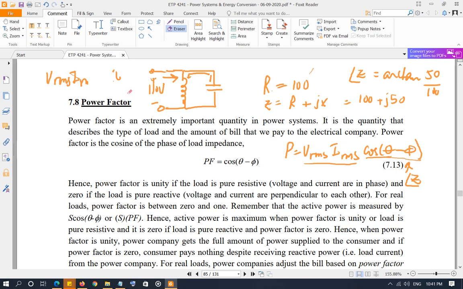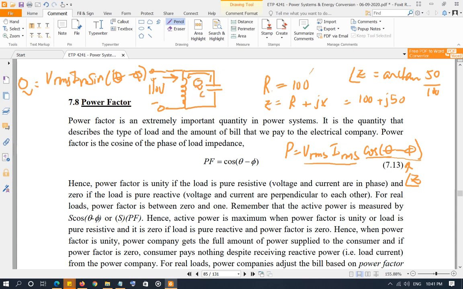Okay, so it is sine of theta minus phi, right? For a capacitor, theta minus phi is negative 90 degrees, so we discussed that it is a negative Q. Negative Q means that on average the Q will be coming out of the capacitor. So QC is negative, and QL is positive because theta minus phi is positive 90 degrees for an inductor.